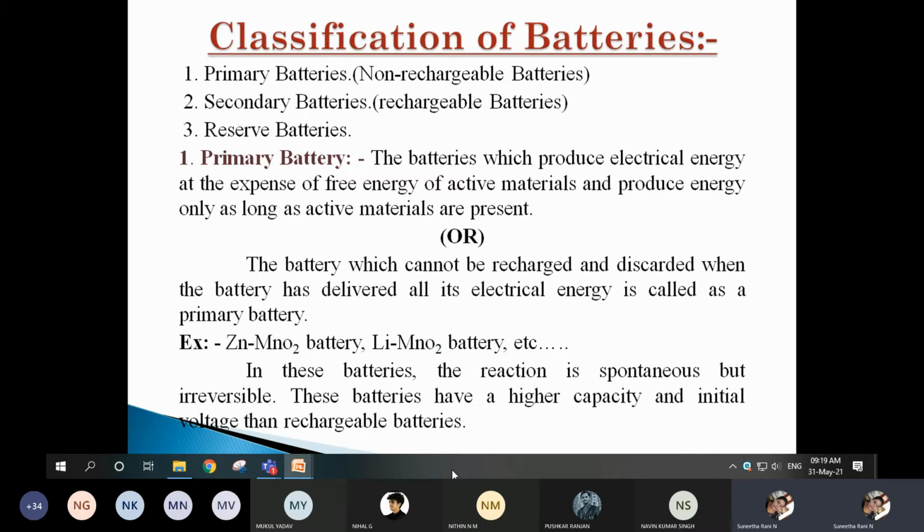Primary batteries are not rechargeable. Once the energy is completely discharged, it cannot be recharged, and such batteries are called primary batteries. A battery which cannot be recharged after it has delivered all its electrical energy is called a primary battery. Examples: zinc manganese oxide battery and lithium manganese oxide battery.